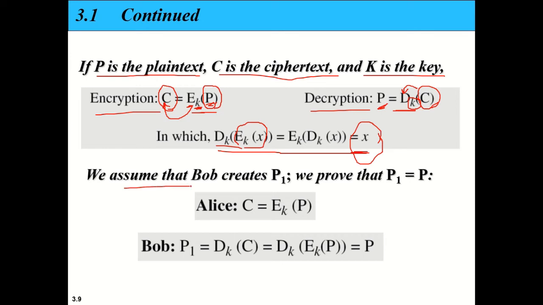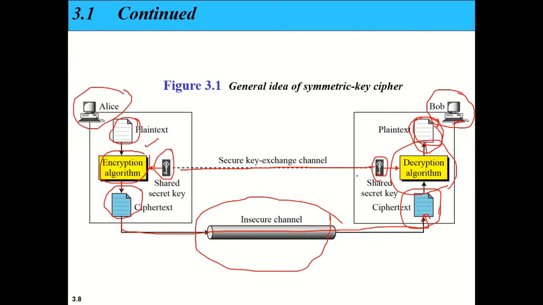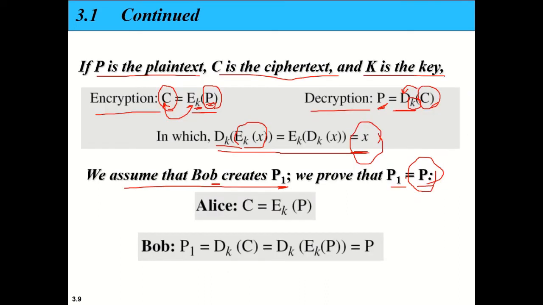So we assume that Bob creates P1, and if we can prove that P1 equals P, because P is the original plain text, and P1 is being produced by Bob, which is at the receiving end here, right? So if we prove that the message which is produced by Bob is equal to or same as the message which was sent by Alice, then we can say that this encryption and decryption worked well, right?